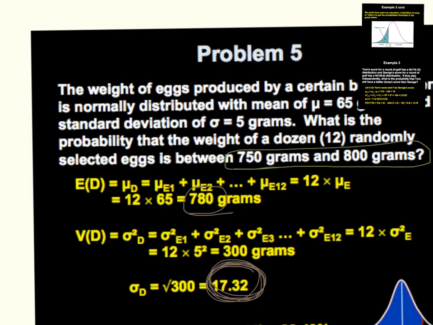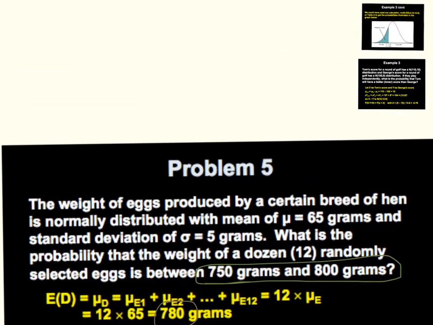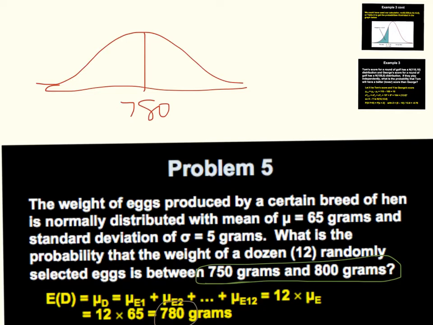So what we're going to want to do is draw our normal distribution. Sloppy, put in 780. Then you'll have a standard deviation length that is 17.32. And it's asking for from 750 to 800. So that's a little bit more than one standard deviation, somewhere right about here-ish.